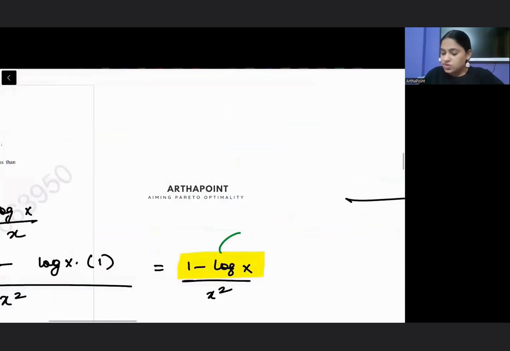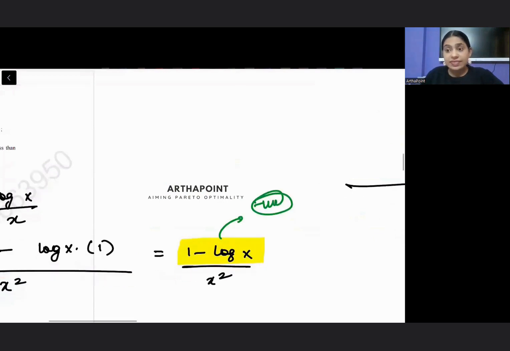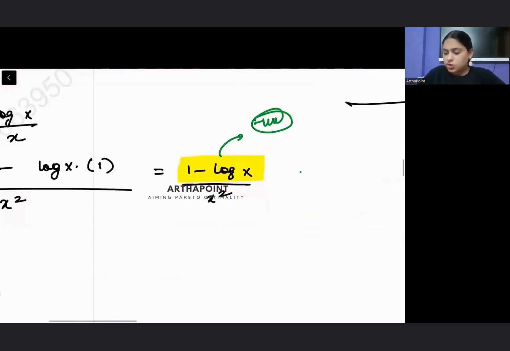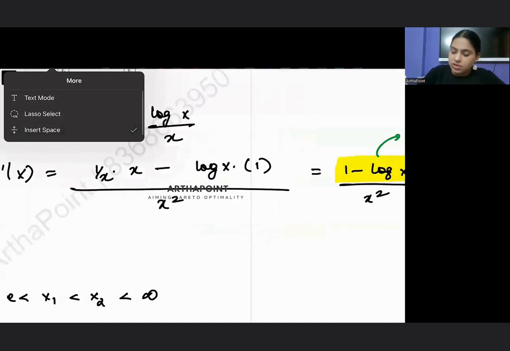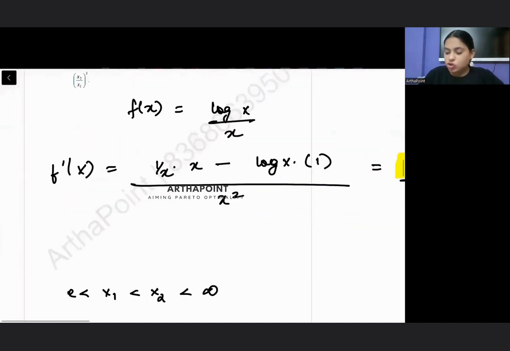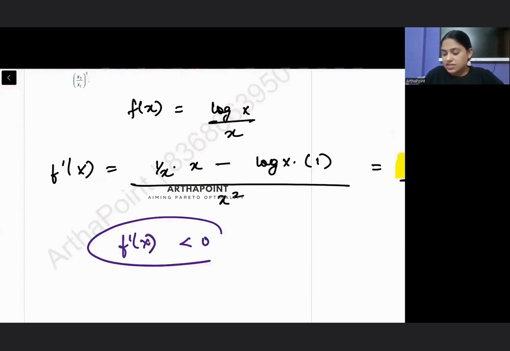So the numerator is going to be negative and the denominator is positive. So this entire term will be negative. So we get that f dash x is less than 0, and therefore it's a decreasing function.